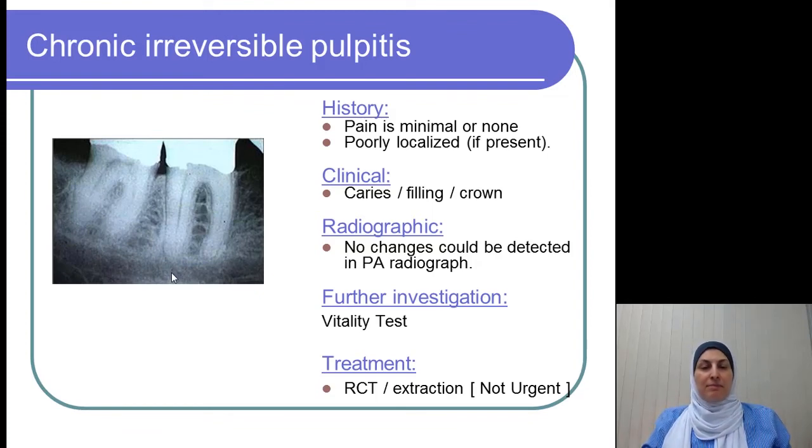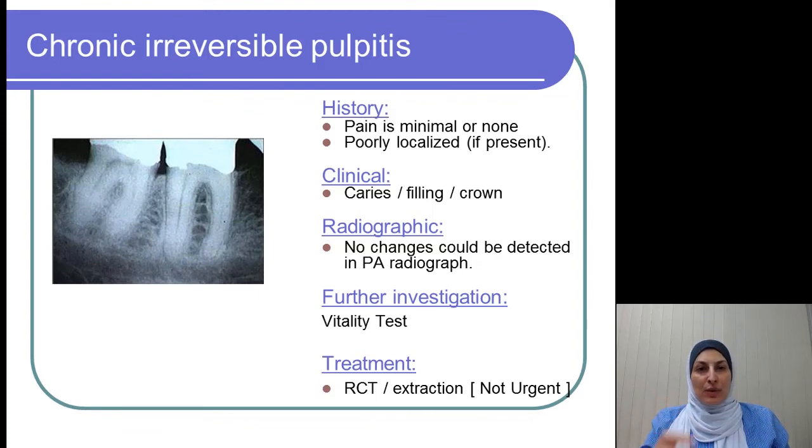This is one of the main questions that you will have: to have a clear clinical description of irreversible pulpitis, whether acute or chronic, and to have a radiograph with absolutely no periapical changes. So the answer should be chronic or acute irreversible pulpitis based on the clinical scenario.